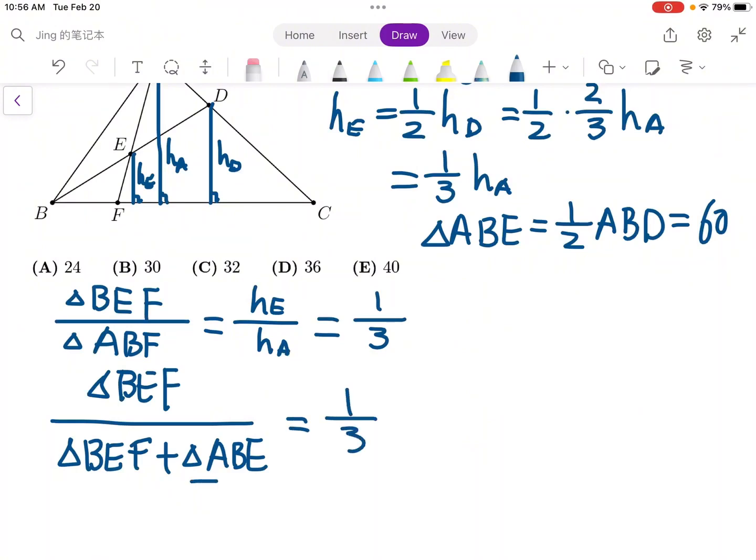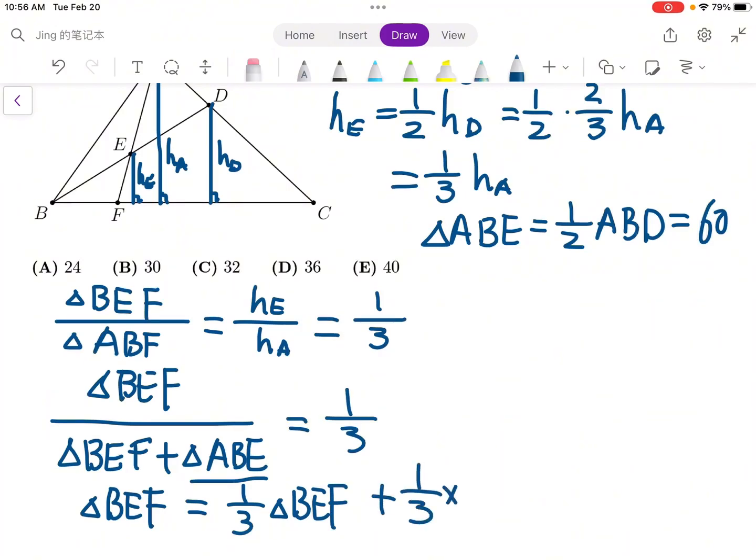Now ABE equals 60, and we move the denominator to the right hand side, we can get triangle BEF equals 1/3 multiply the area of BEF plus 1 over 3 multiply 60. Now we can solve this problem. Triangle BEF equals 30.